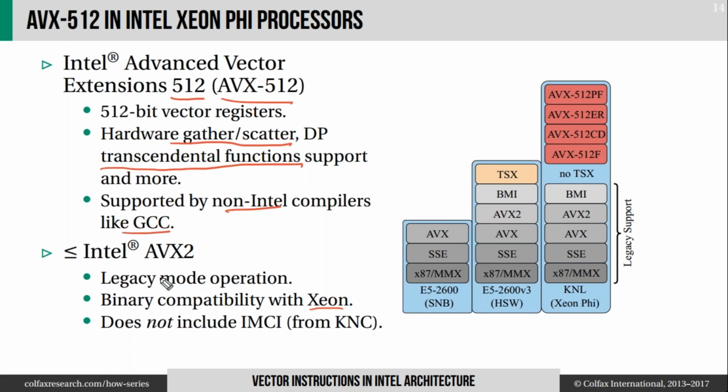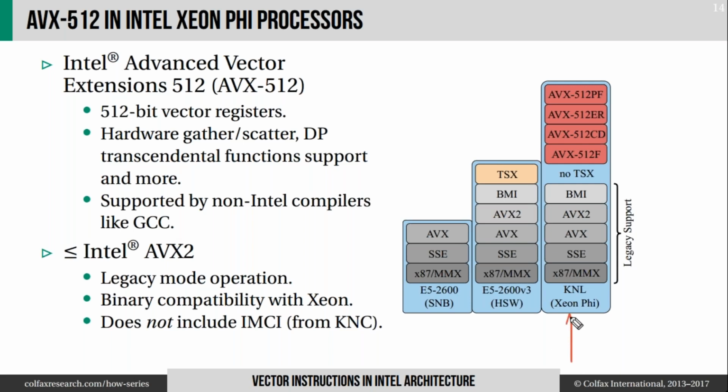But with this variety of vector instruction sets, how do we stand true to the promise of having a single code base for all platforms? Well, in part, this is because most Intel processors are backwards compatible with regards to vector instructions.